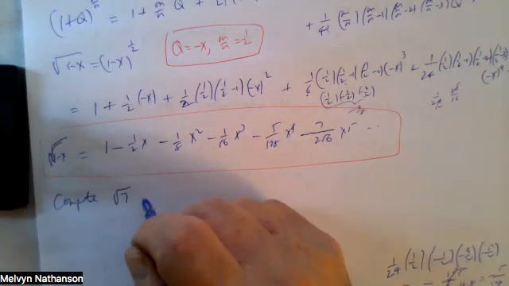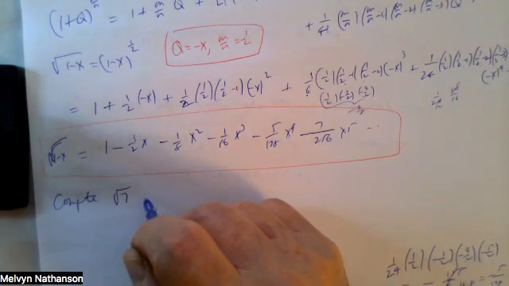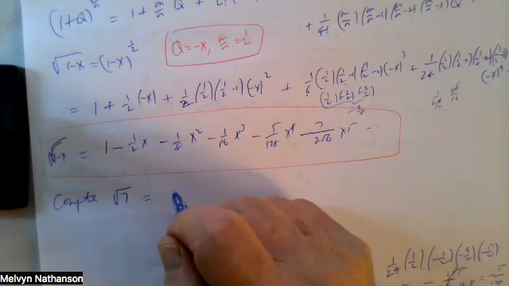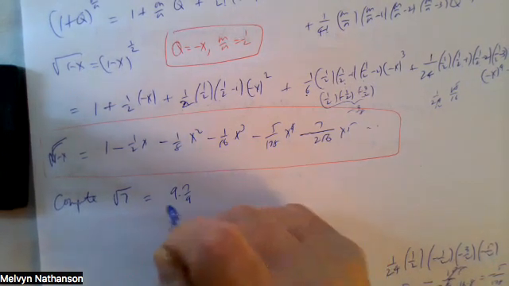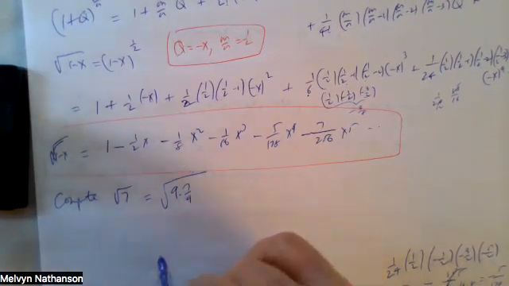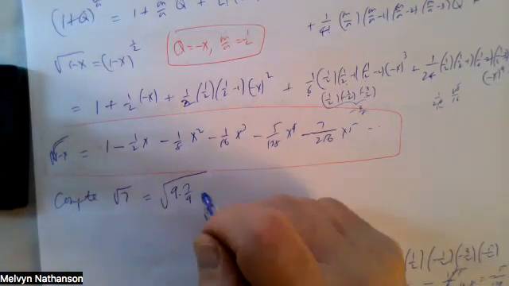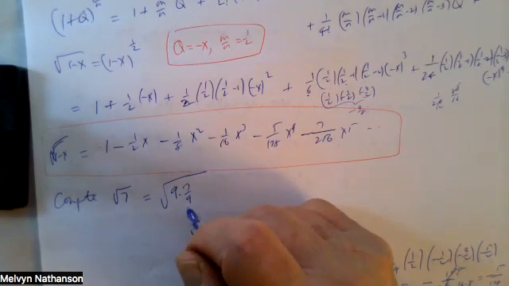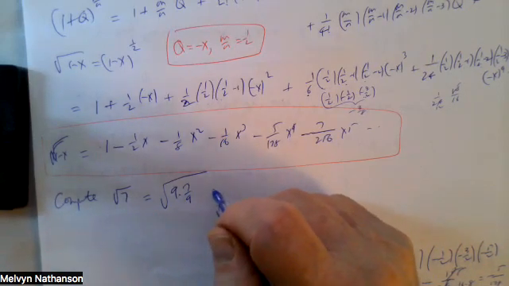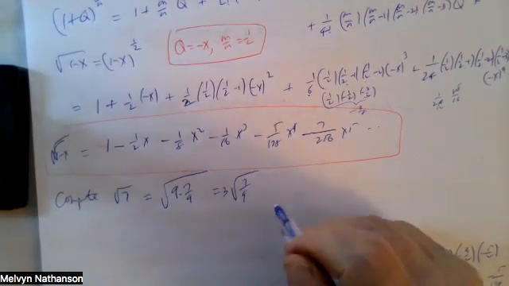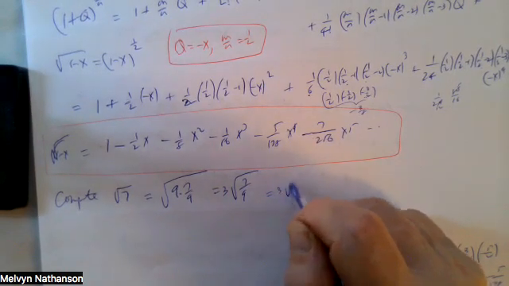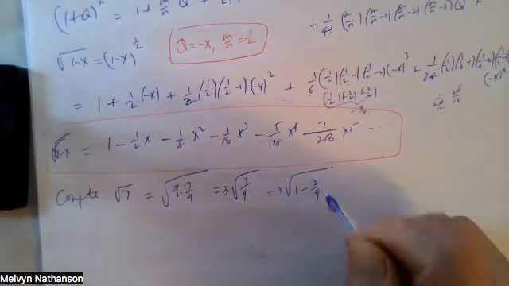So let's use the fact that 7 is 9 times 7 over 9. Right? That's true. Which is square root of 9 is 3. 3 times the square root of 7 over 9, which is 3 times the square root of 1 minus 2/9.